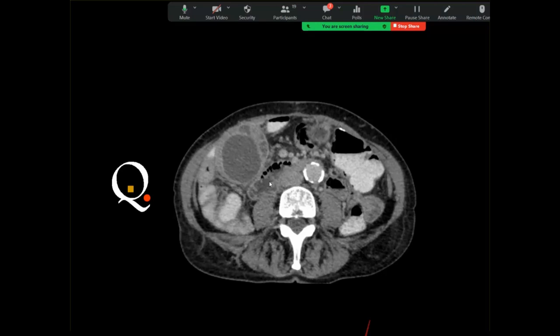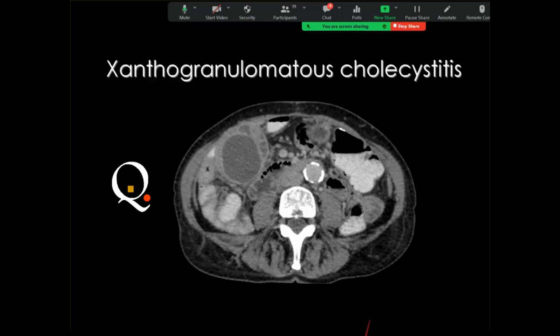The only differentiating point is the presence of cystic changes in the thickened wall. And if you got some sections in the liver, you will see that the adjacent liver showed significant inflammatory reaction. These are diagnostic for xanthogranulomatous cholecystitis, which should not be mistaken for carcinoma of the gallbladder.